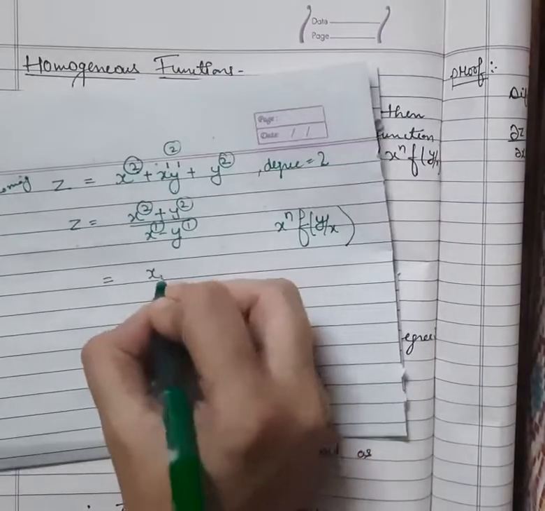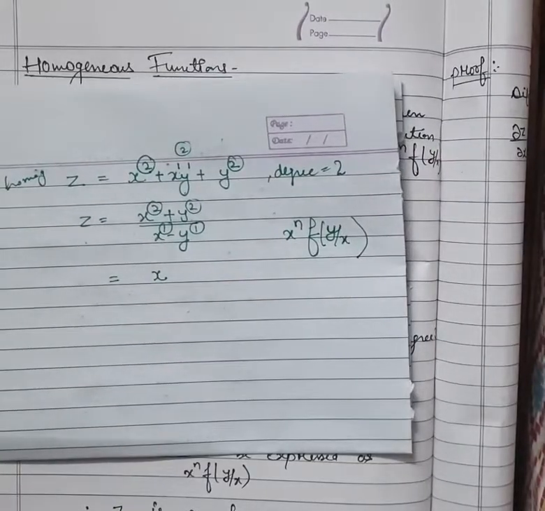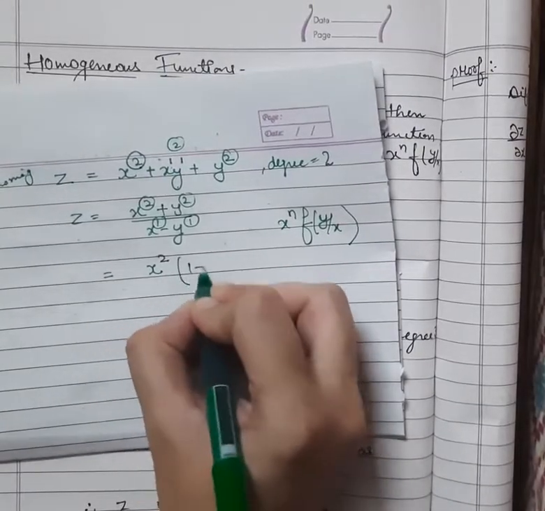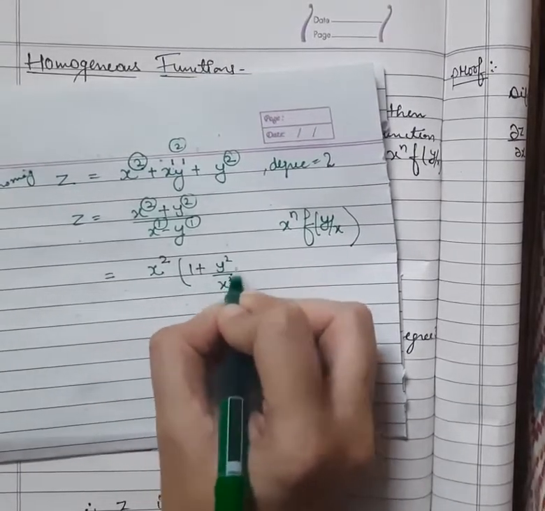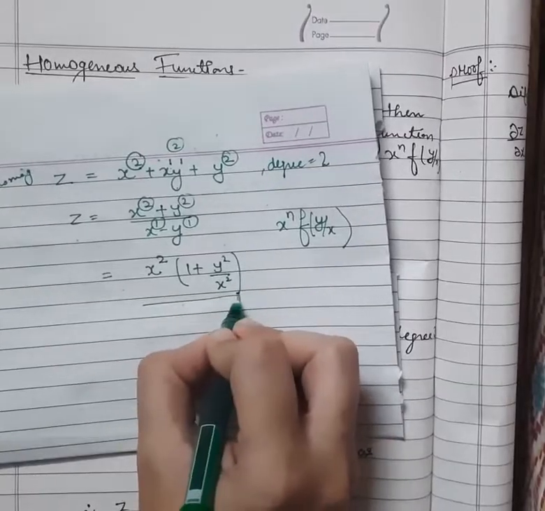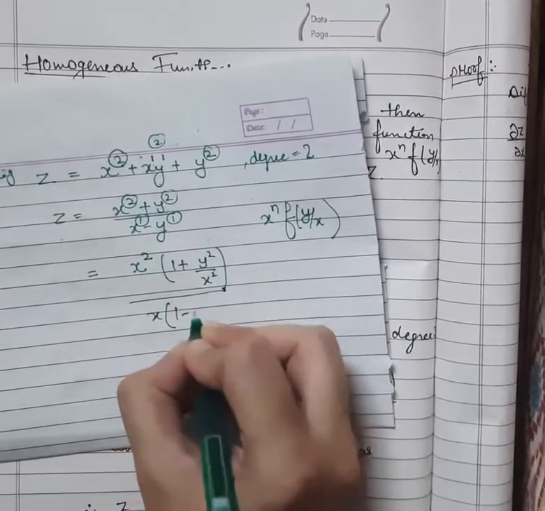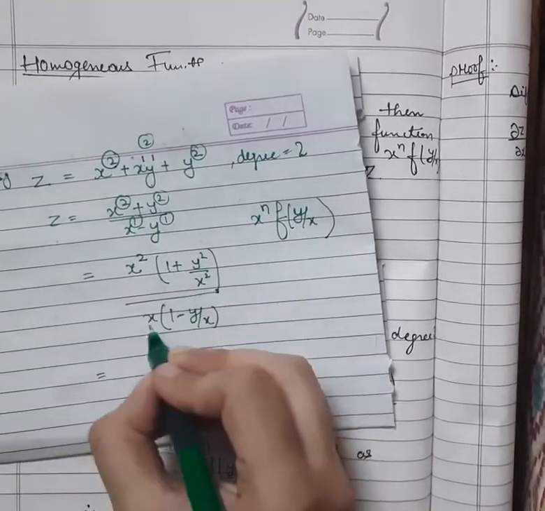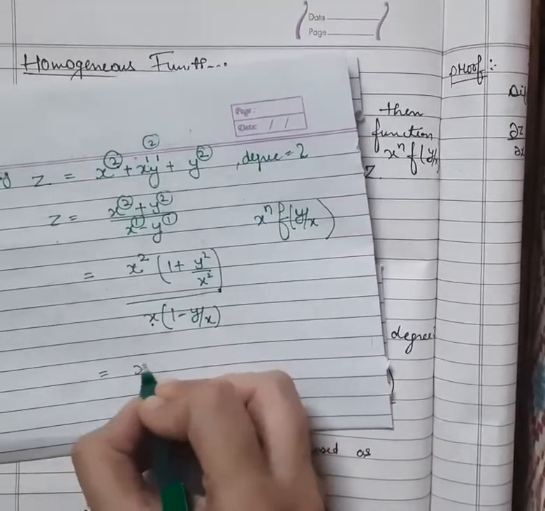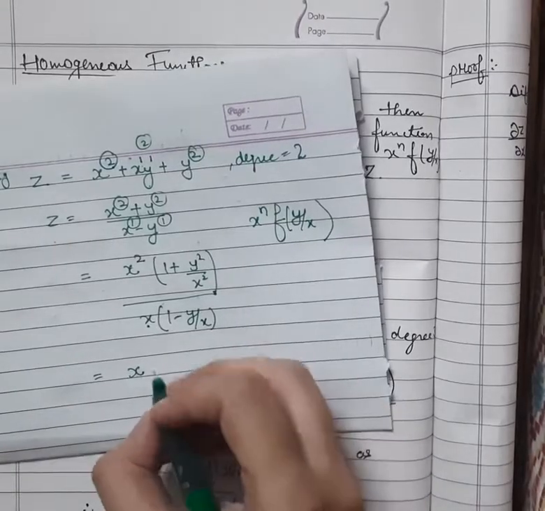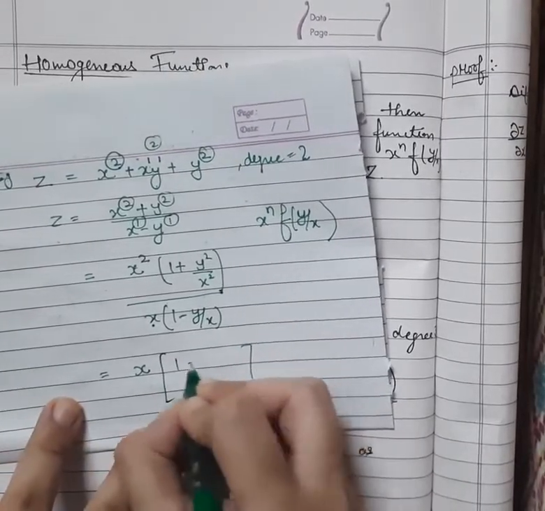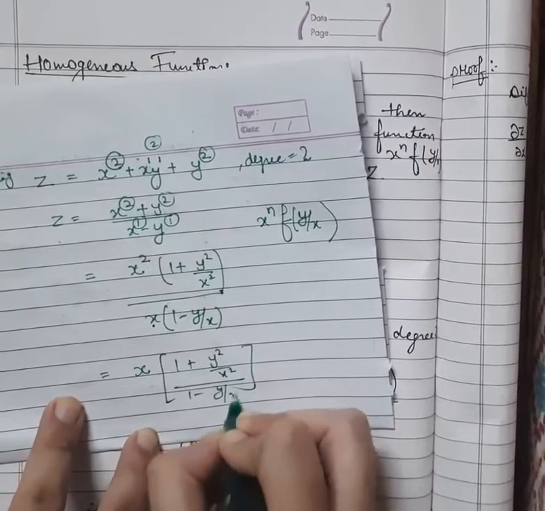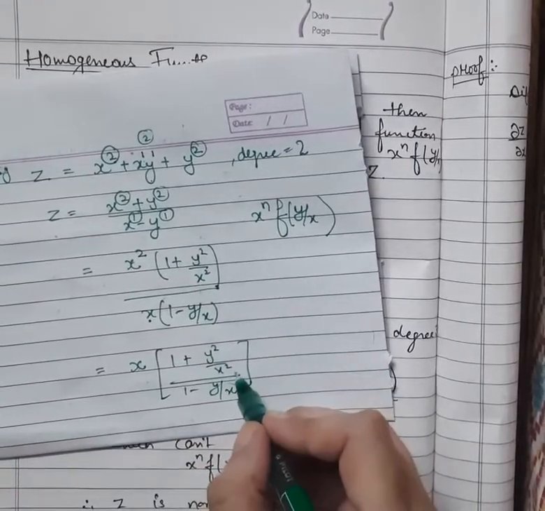For that, I will take the maximum power outside, like x square. Then what's left behind? 1 plus y square upon x square, divided by x outside, 1 minus y upon x. Now x square upon x means simply x. Whatever expression is left behind, the powers of x and y are still the same.